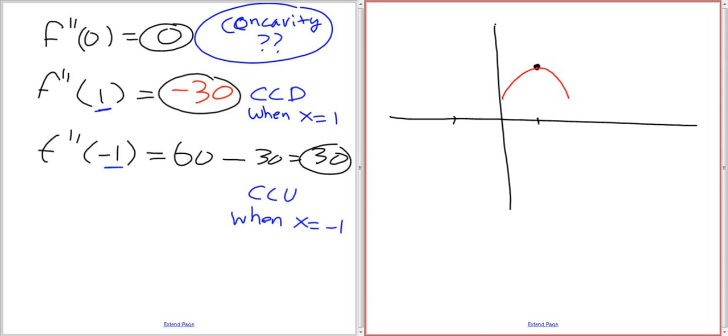And what does that tell you about this point? It's a max. Max if y is concave down at that x value. And visually that makes a ton of sense.